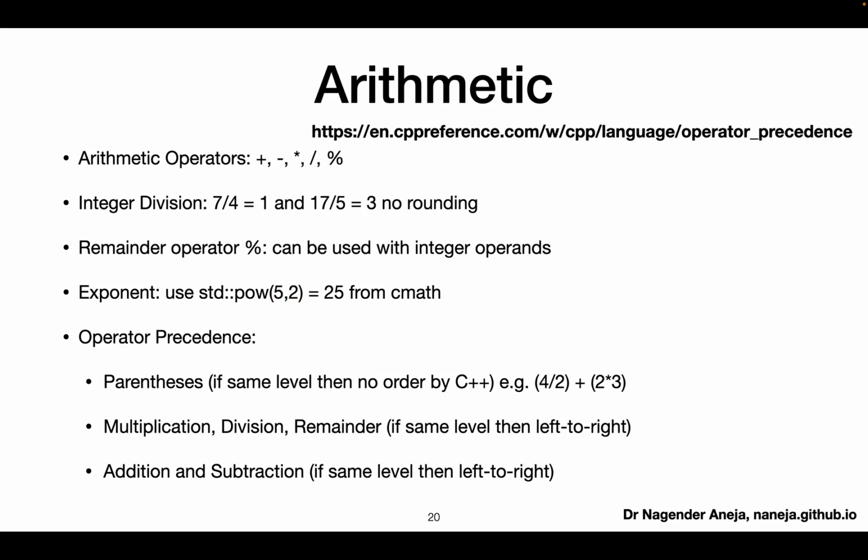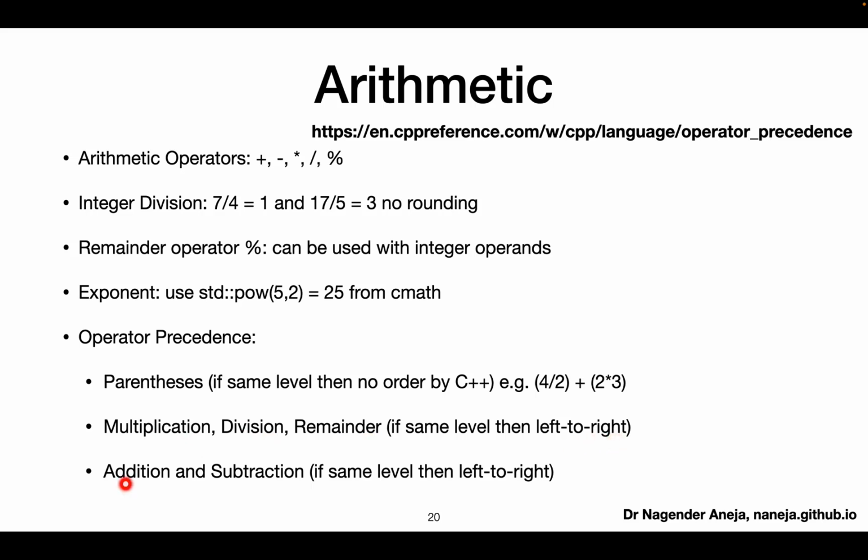And there is operator precedence. As in mathematics, we have some precedence that decides which operator should be executed first. Parentheses will always be executed first, but if there are multiple levels of parentheses, then there is no order. At the second level, we have multiplication, division, and remainder. If they are at the same level, it's always left to right.